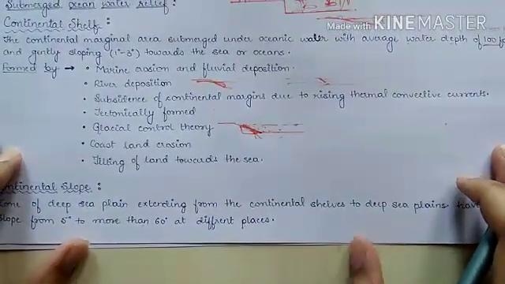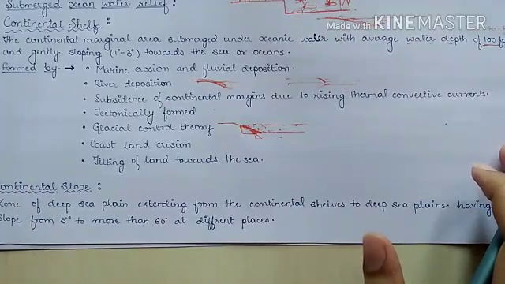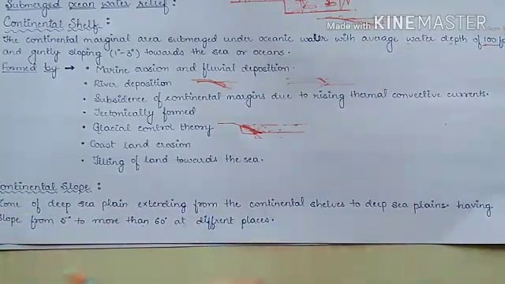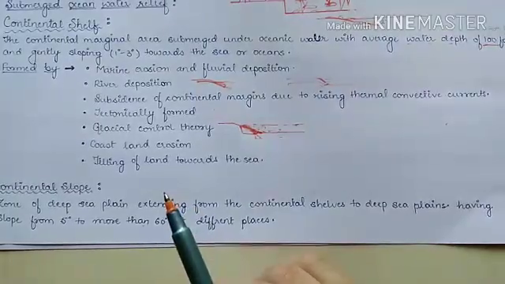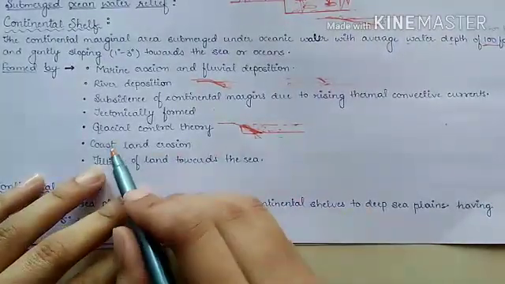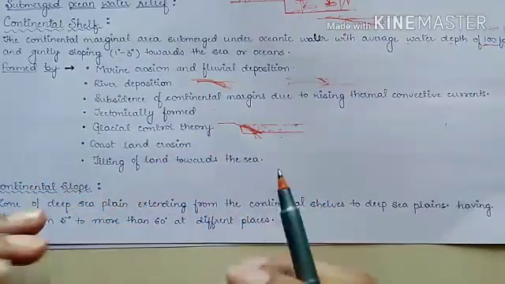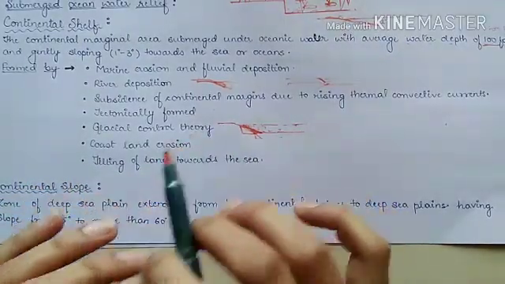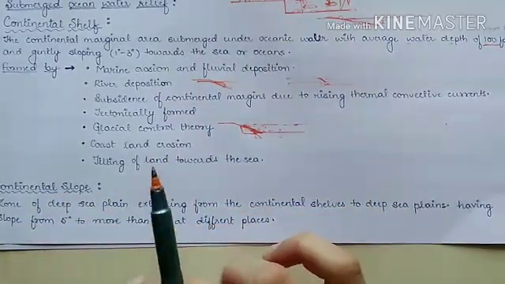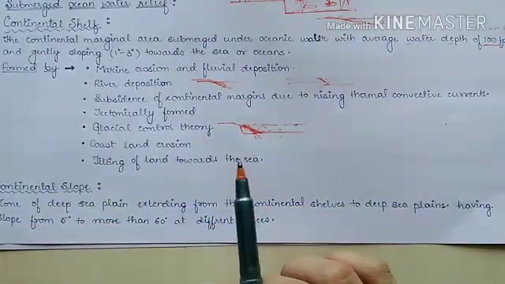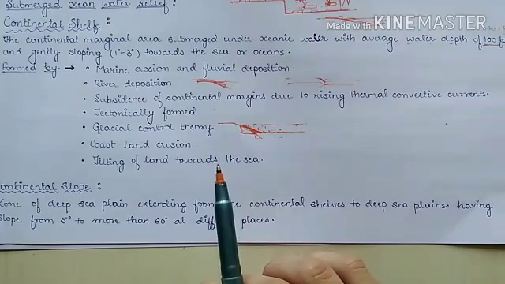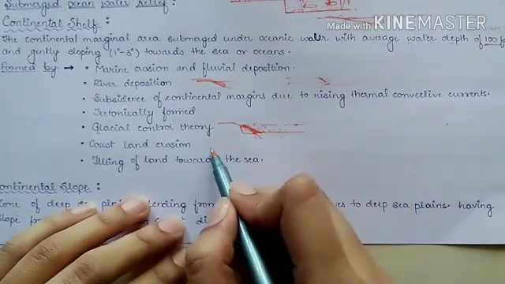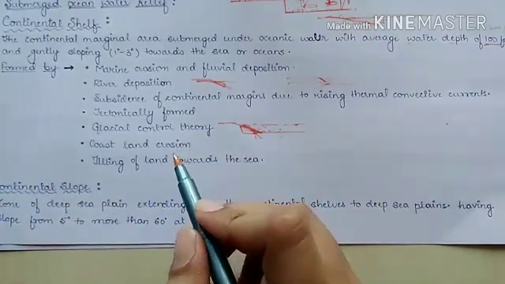Next we have coastal land erosion. Coastal land is effectively eroded through the abrasive work of strong sea waves. The strong sea waves form several sea cliffs. These sea cliffs gradually and continuously recede towards the land, due to basal erosion and consequent fall of their hanging crest.